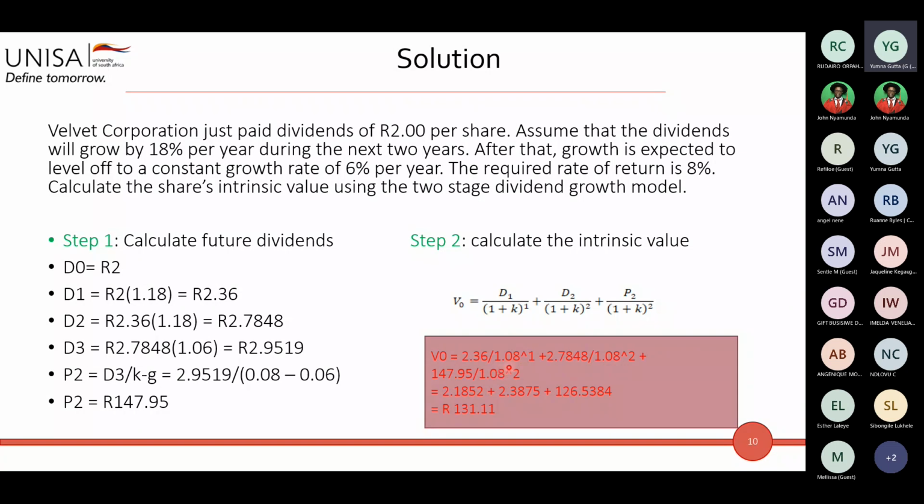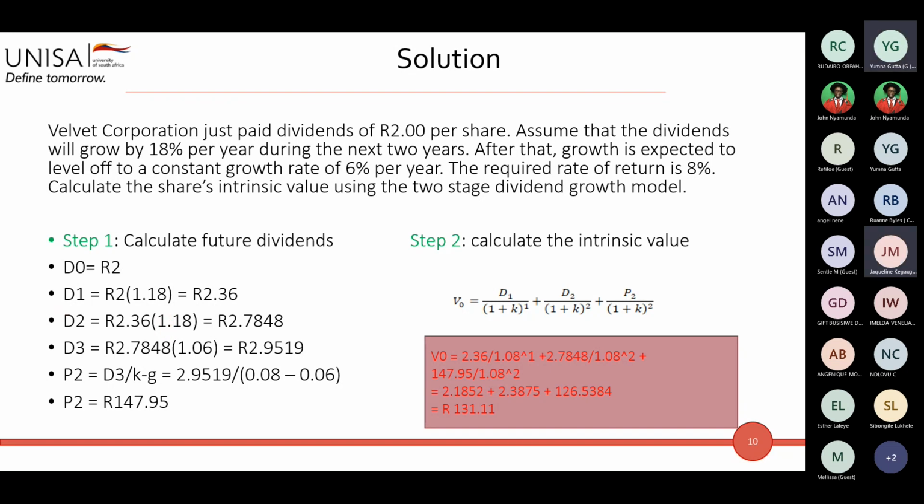Okay, we have a question from Jacqueline. I just wanted to ask quickly, the 1.18, I know the 18 is the percentage, but I'm more confused with the one. Can you please quickly take me back to that 1.1? Okay.